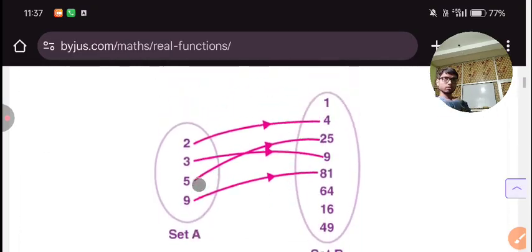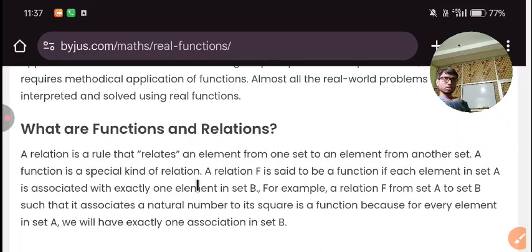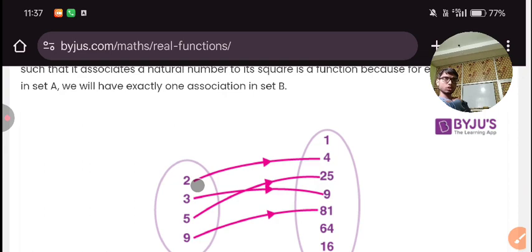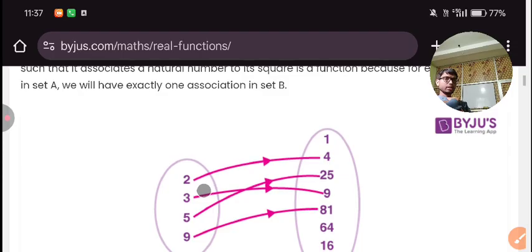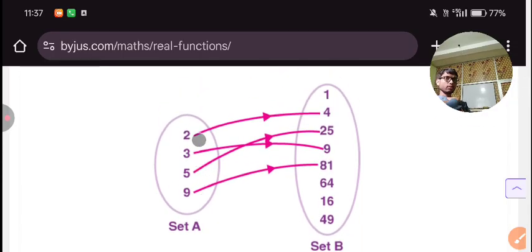Here you can see 2 is mapping to 4, 3 is mapping to 9, 5 is mapping to 25, 9 is mapping to 81. What would be the ordered pairs? We will have (2, 4), (3, 9), (5, 25), (9, 81). This is what a relation is, one to one.